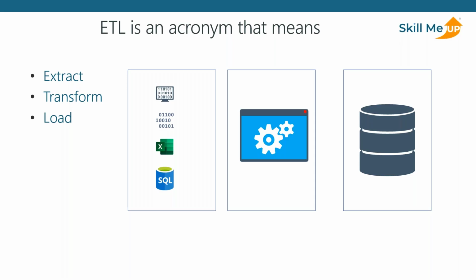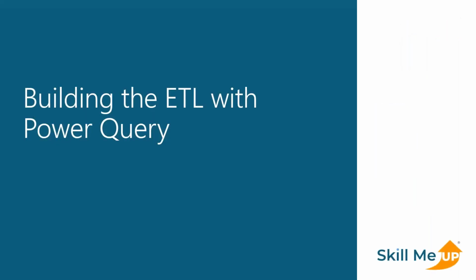The load will be the process responsible for inserting the data into our Power BI data model. So, we are building the ETL with Power Query. All the time when we start to create a solution in Power Query, we are building an ETL.